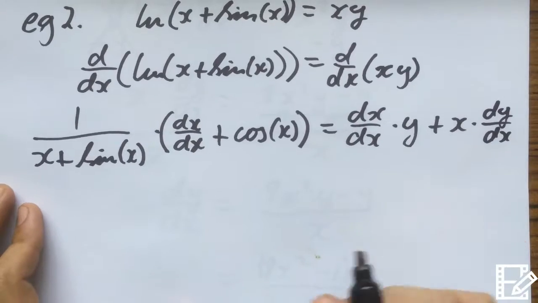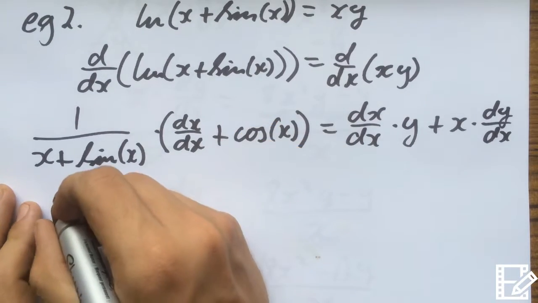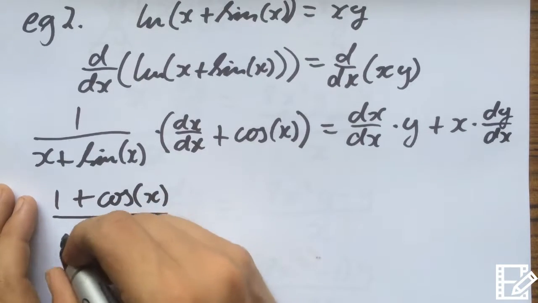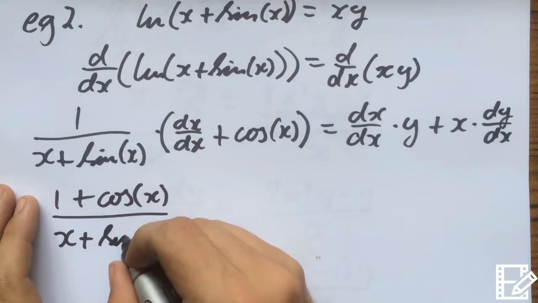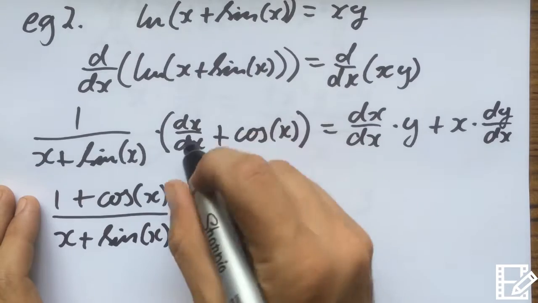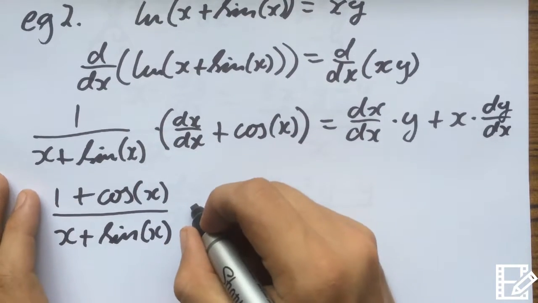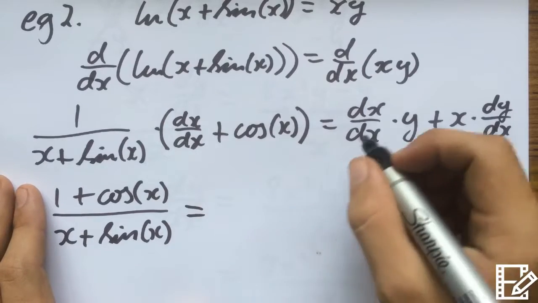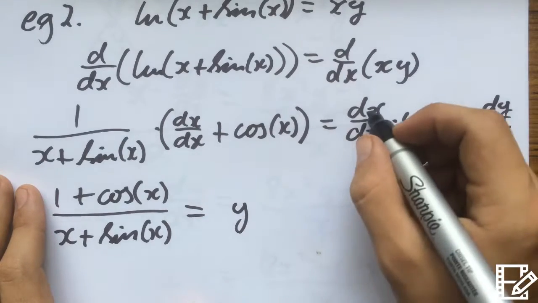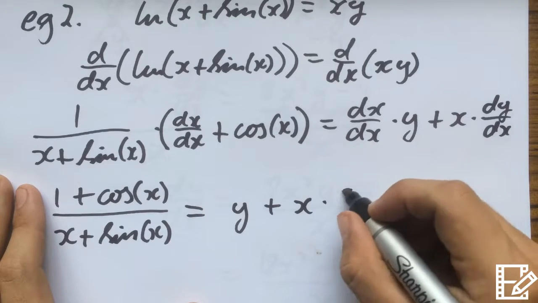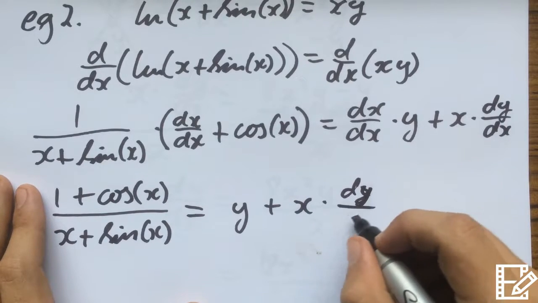Okay, so well, this is 1, so I'm going to have 1 plus cos x over x plus sine x, because this just multiplies on top of the fraction, equals y, because 1 times y is y, plus x multiplied by dy over dx.